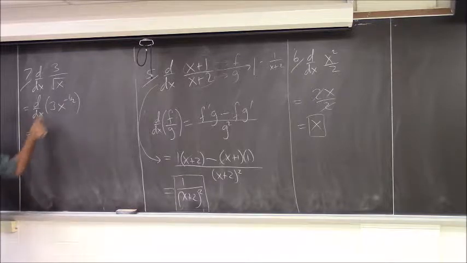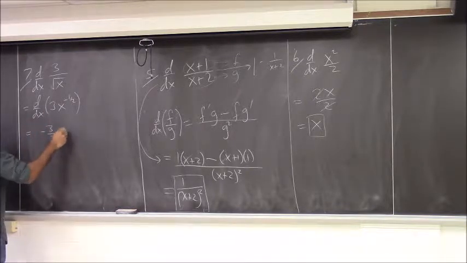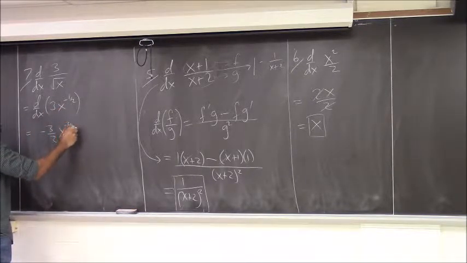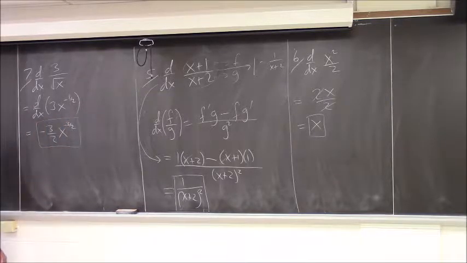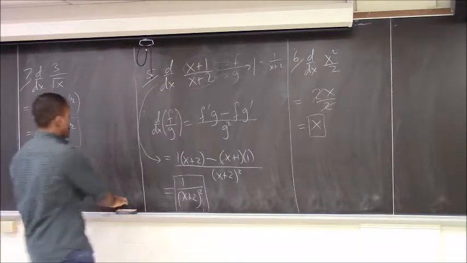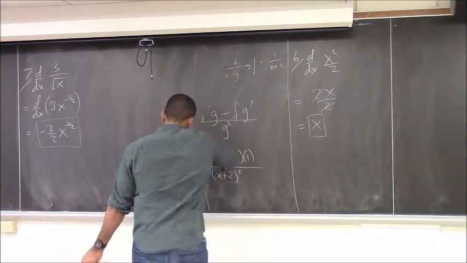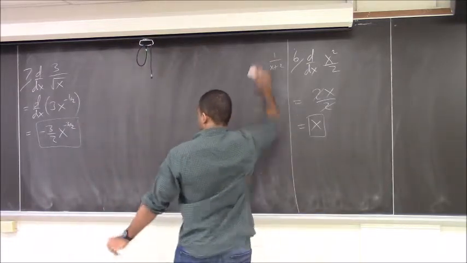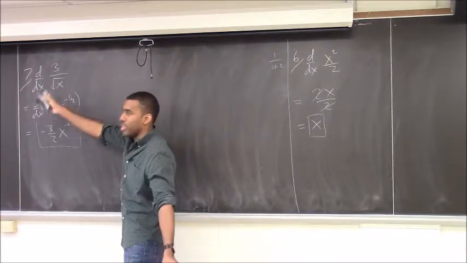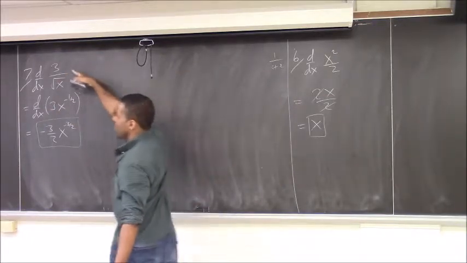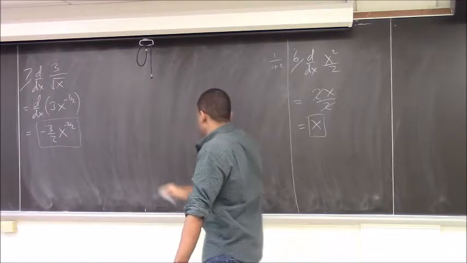Negative 1/2 comes down, subtract 1 from the power. So that's your answer. You could do the quotient rule, but it's overkill, and you'd also have to remember that the derivative of 3 is actually 0. So when you're doing the f prime, it kills that term.